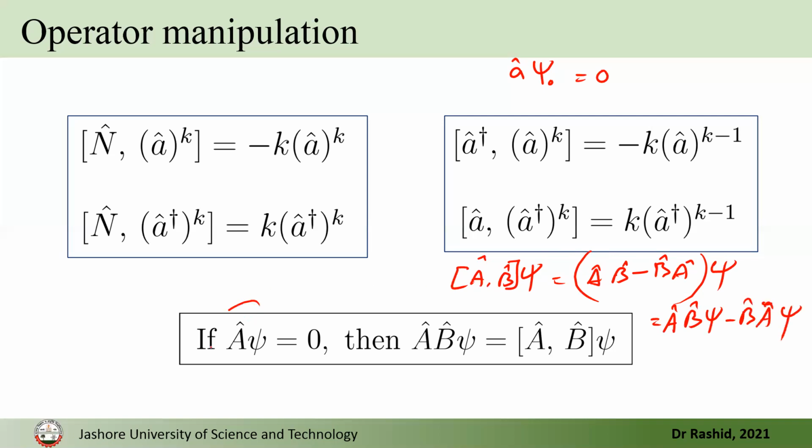Now we already know that A hat psi equals 0. So this gives 0, that means that term is 0. We are left only with A hat B hat psi. So this is what we have used.